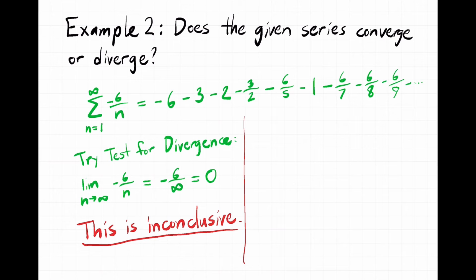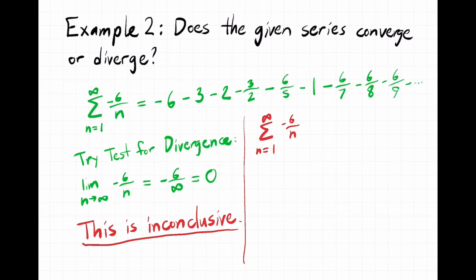So here's an idea. The fact is, this series is actually very similar to a series we've already studied. So we can say the sum, as n goes from 1 to infinity, of negative 6 over n. Well, we know we have certain laws about how we can manipulate series. For example, if you can break up a series as a sum of two convergent series, the series will converge.